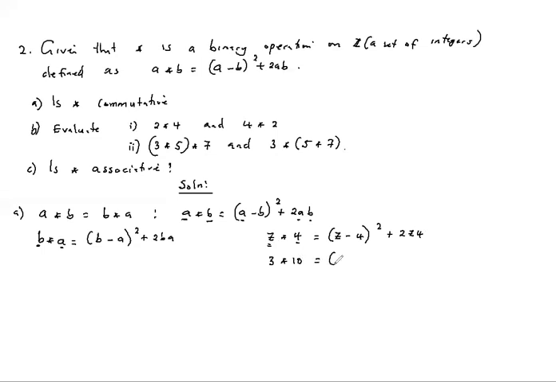How can we substitute it? 3 minus 10, 3 minus 10 squared plus 2 3 10. Oh yes, 2 3 10. In the same way they have appeared on the left hand side, the same way we substitute them on the right.